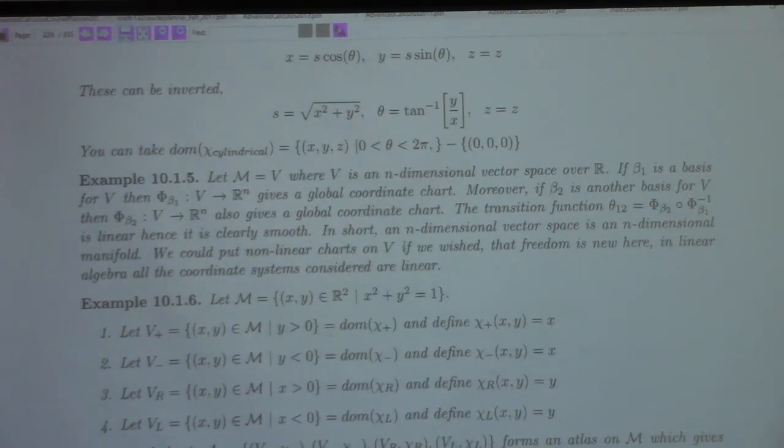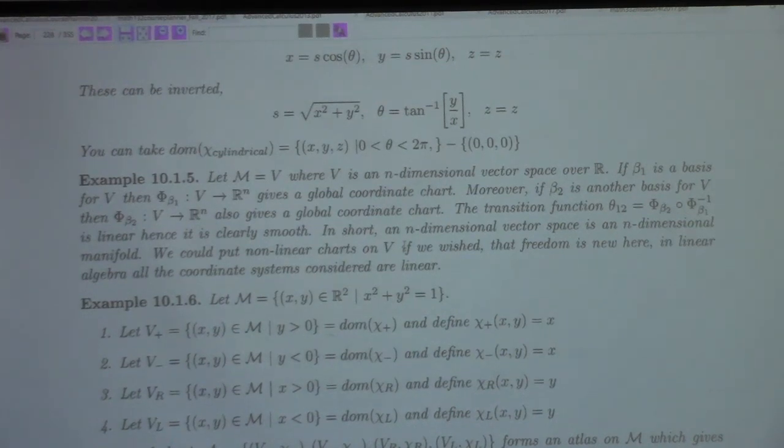Then there's the notion of coordinates from linear algebra. That again is a manifold chart in the natural way, because the transition functions are just linear maps, which are smooth. So any n-dimensional vector space is naturally an n-dimensional manifold. Sometimes they're called linear manifolds for this reason.